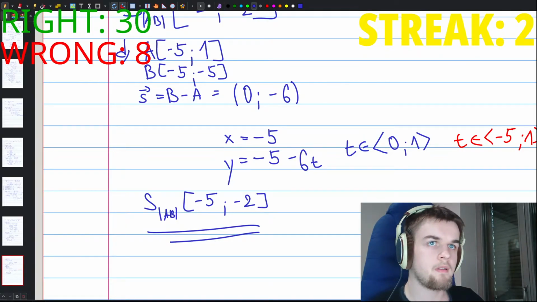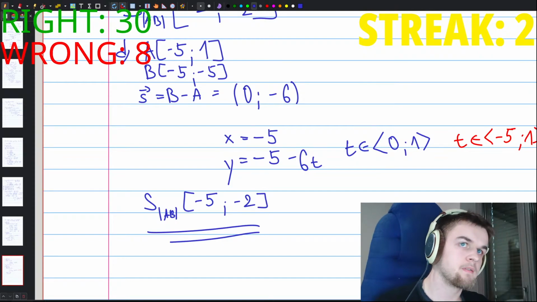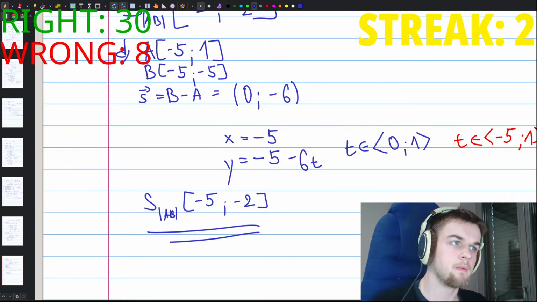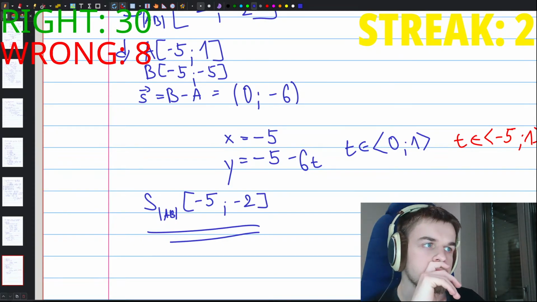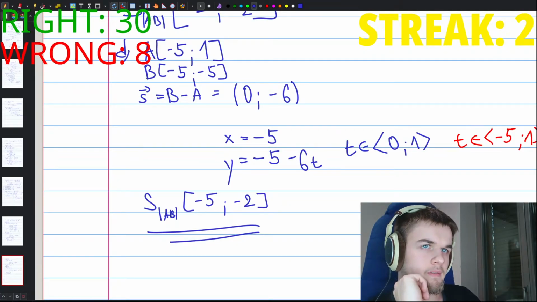And then we have t with the range from -5 to 1. Which does make a line, but for some reason it goes from y 5 to y minus 11.